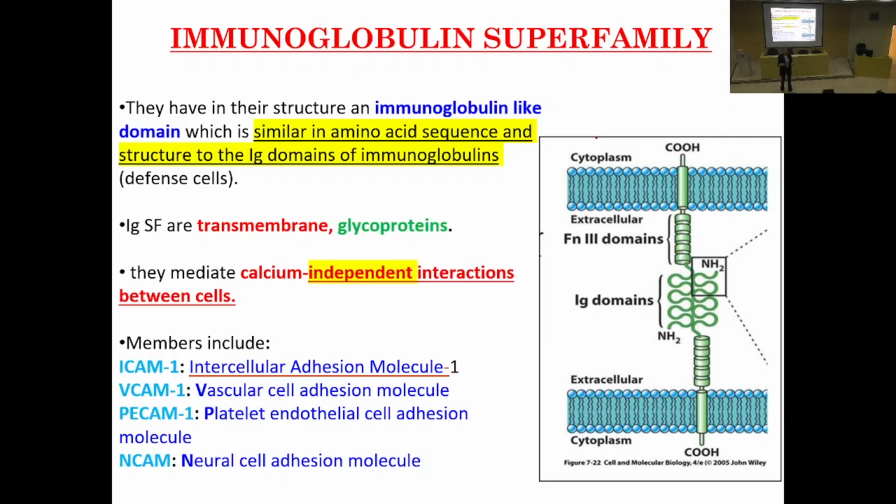Okay? So the rhinovirus will use the same thing. It will use ICAM1 to enter inside the body. And the person will have a cold. All right? So sometimes the virus or the bacteria or whatever can use our cell adhesion molecules to enter inside our body and cause a disease. Okay? Is it clear? All right.